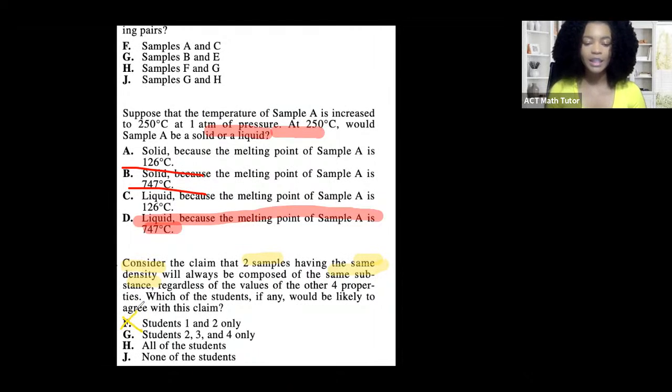Okay, G says 2, 3, and 4. Oh, actually, we can eliminate H because number 1 didn't say that. So it can't be all of them because 1 didn't say it. So we are back to G. Sorry about that. So G says 2, 3, and 4 only. Let's go back and look at 2, 3, and 4.